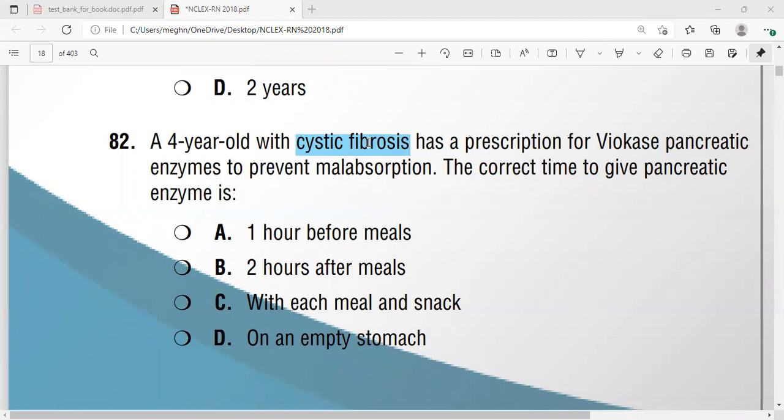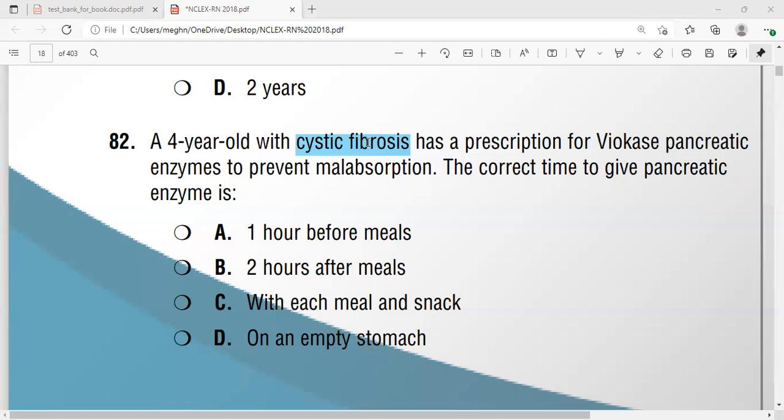Cystic fibrosis is a genetic disorder in which the lungs and the digestive system get involved, basically full of mucus. Cystic fibrosis patients present with many complications like persistent cough or post-nasal drip, wheezing, shortness of breath, sinusitis, inability to exercise.